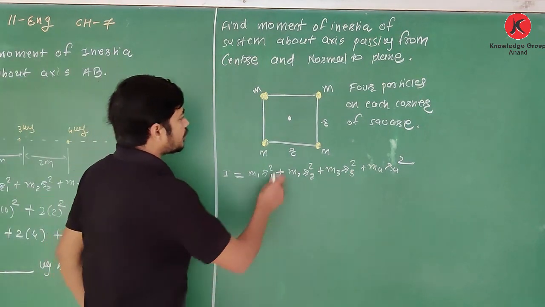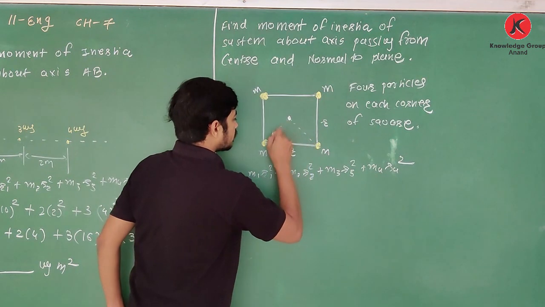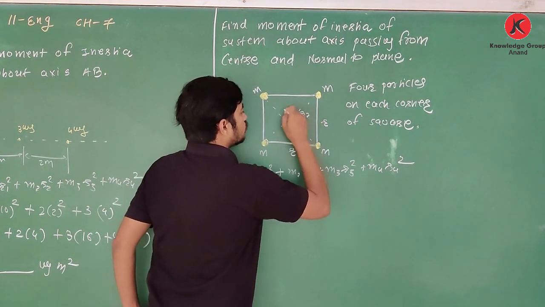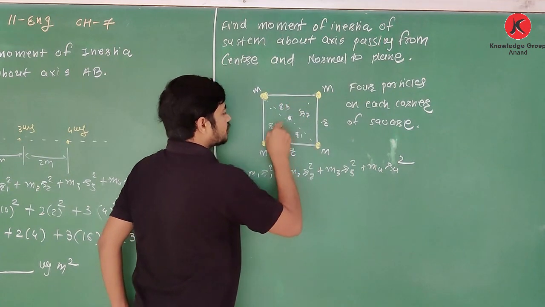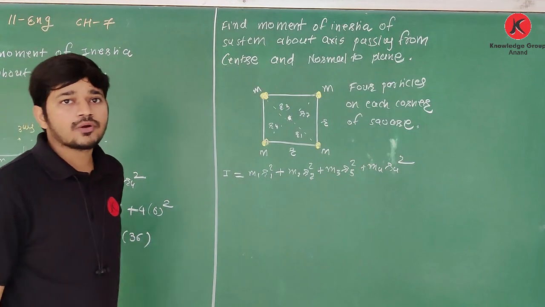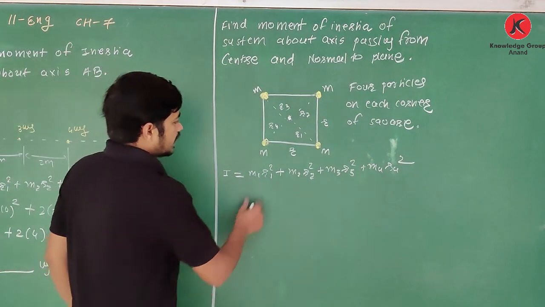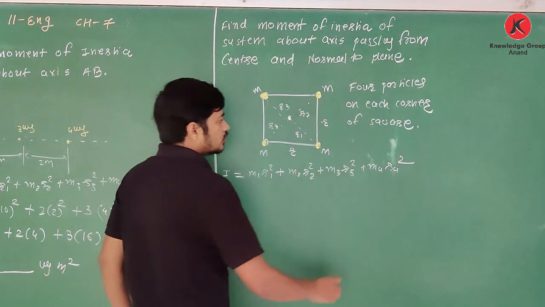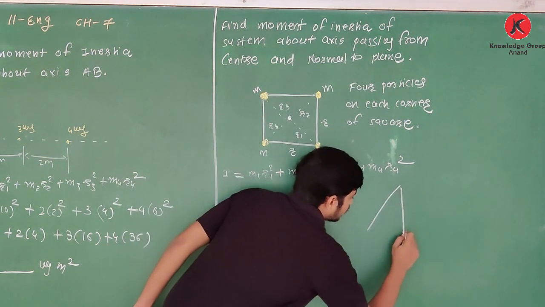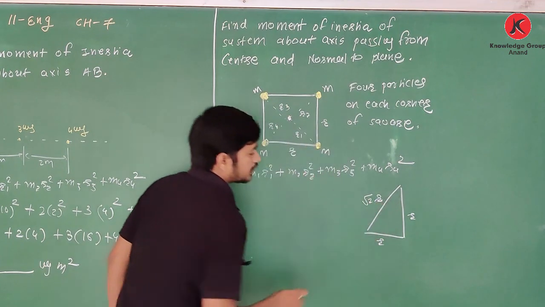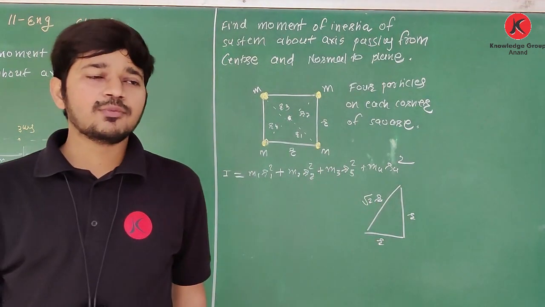Okay, then how to write? See, if it is R1, it is R2, it is R3 and it is R4, then how to find R1, R2, R3 and R4? With the help of Pythagoras Theorem. See, this side is R, this side is R. Then this diagonal will become root 2 R, with the help of Pythagoras Theorem.